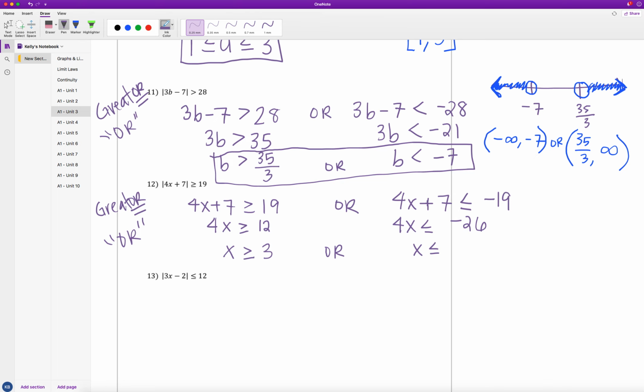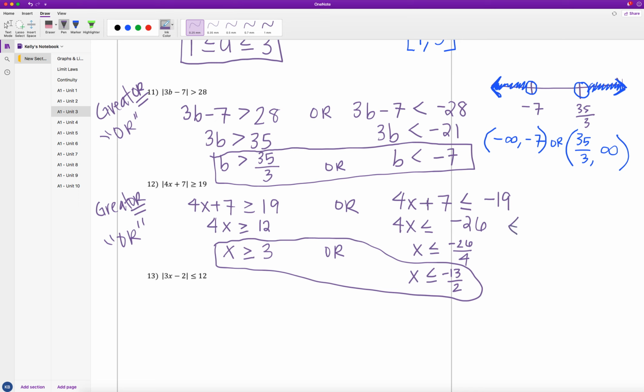So x is going to be less than or equal to -26 over 4, which we can reduce down since both 26 and 4 are divisible by 2, and get x is less than or equal to -13/2. So our final answer here, let me box the whole thing, is x is greater than or equal to 3, or x is less than or equal to -13/2.